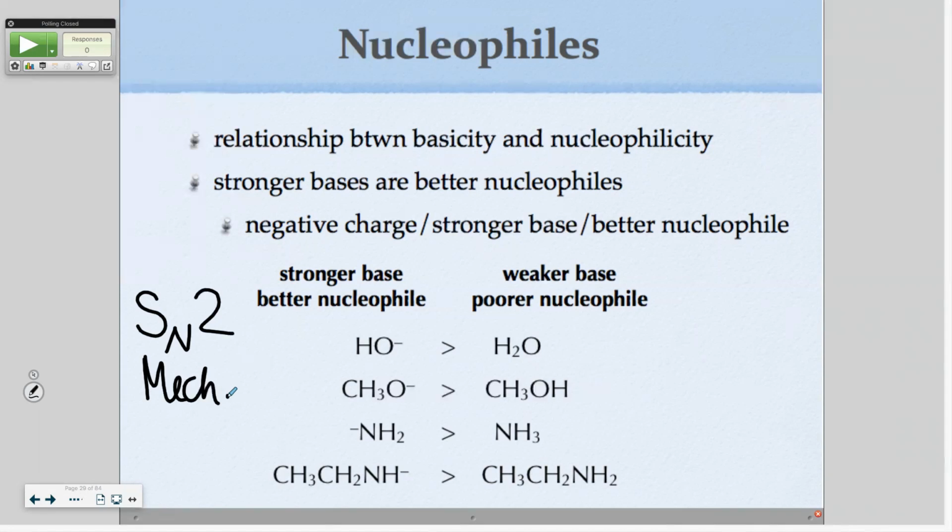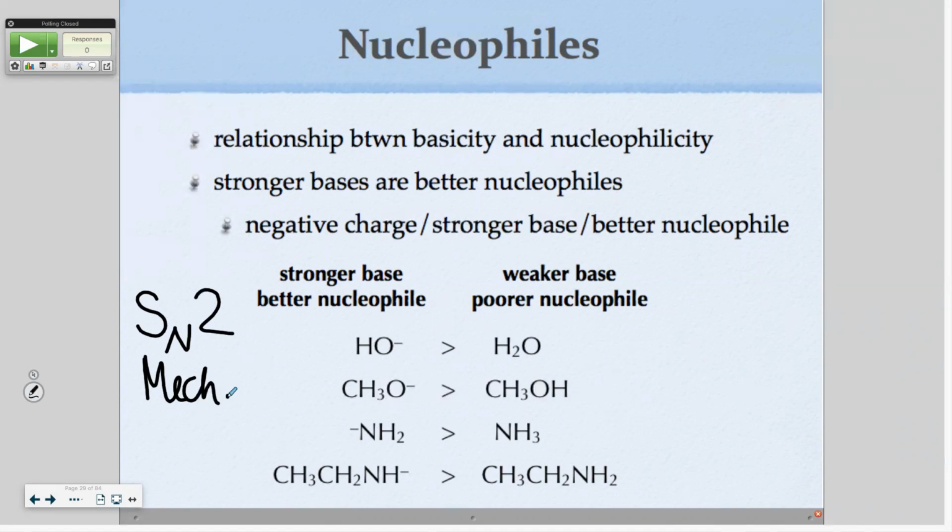Okay, so we're going to talk a little bit more about nucleophiles. Stronger bases are better nucleophiles. If you look down here, we have OH minus and we have water. Both of them can function as nucleophiles because they both have lone pairs on the O, but the one that has the negative charge will be the better nucleophile. Same thing with methoxide ion.